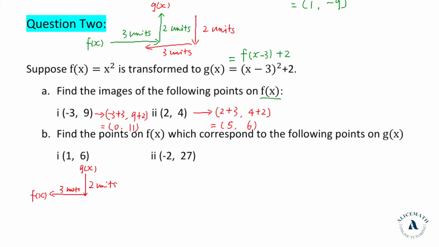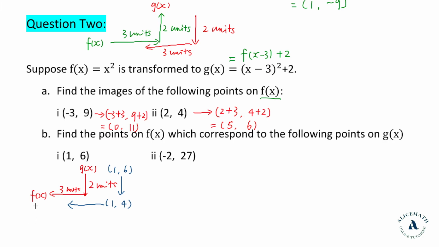Okay, so we start from the point 1, 6 on g(x). Now move down 2 units. Move down means the vertical coordinate changes, so the x coordinate is the same, and we just take away 2 from the y coordinate. So it's 4 here. And then go to the left side by 3 units.